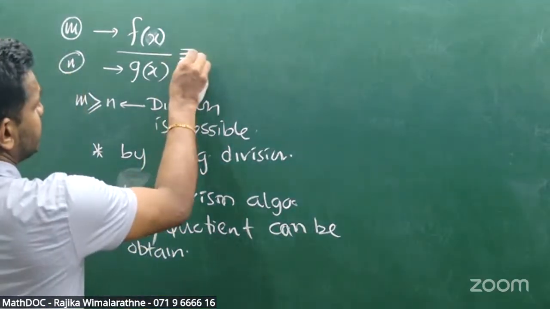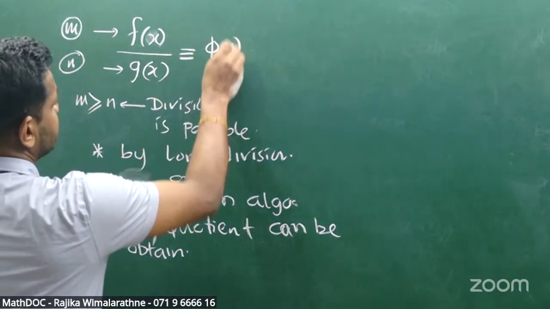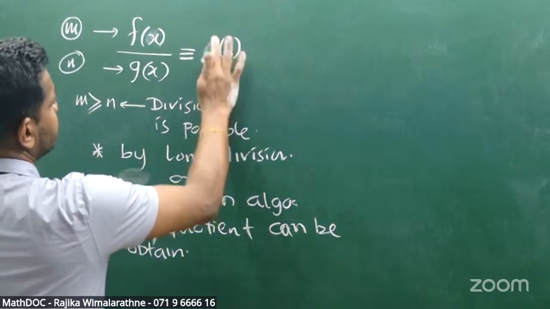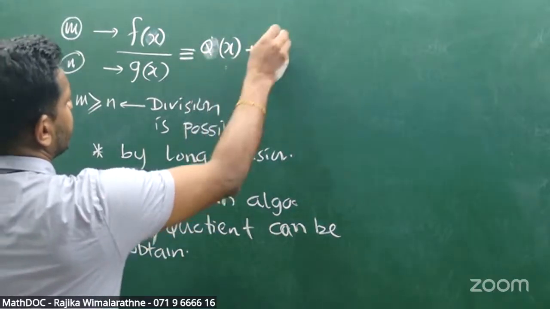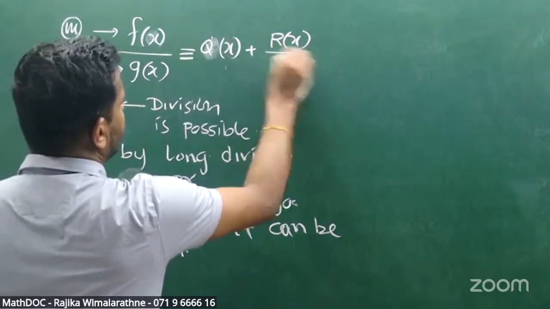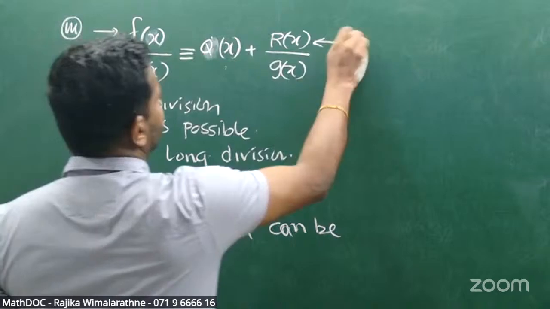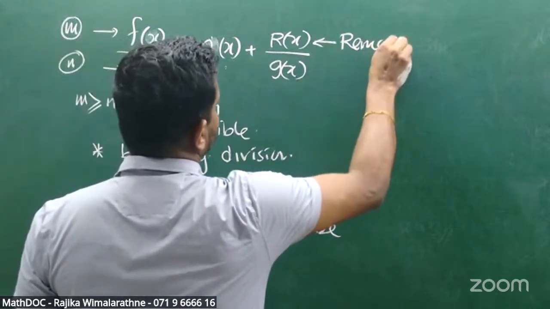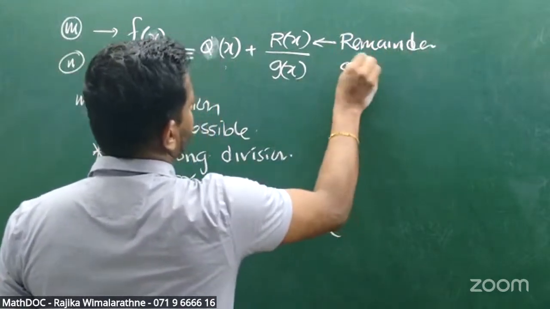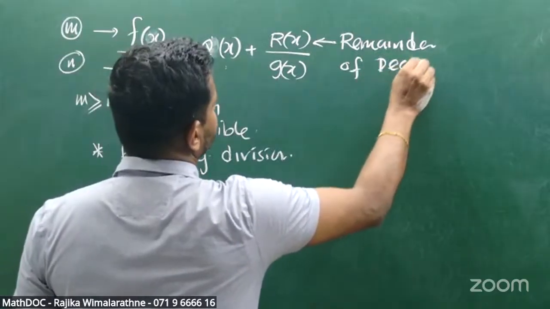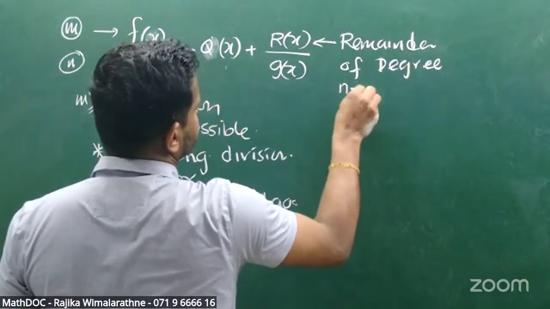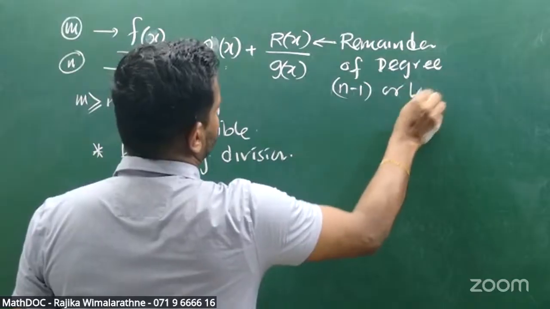So here the quotient, let's say q(x), and the remainder, let's say r(x). The remainder has degree n minus 1 or less.